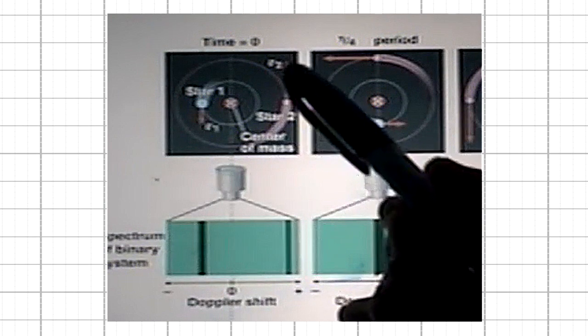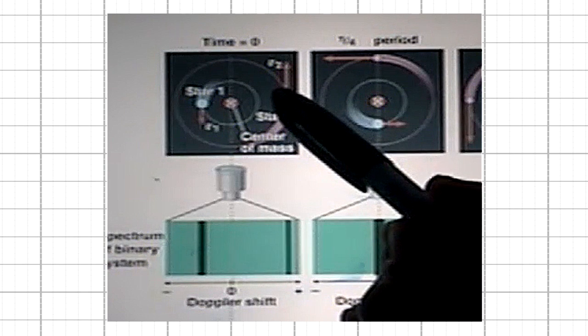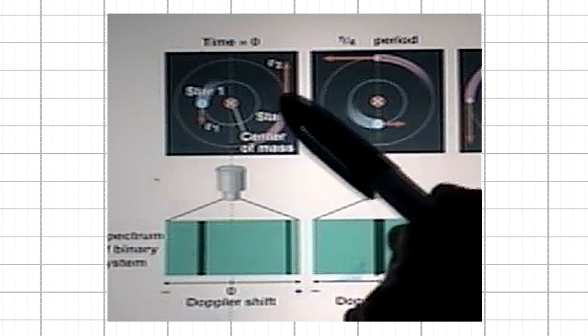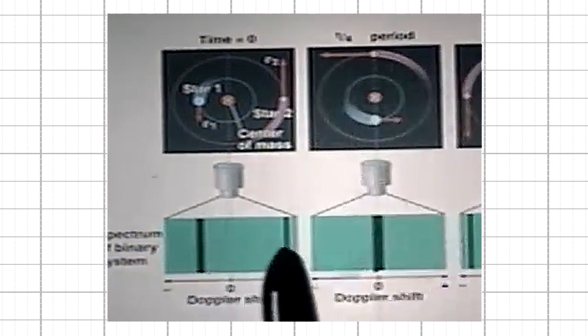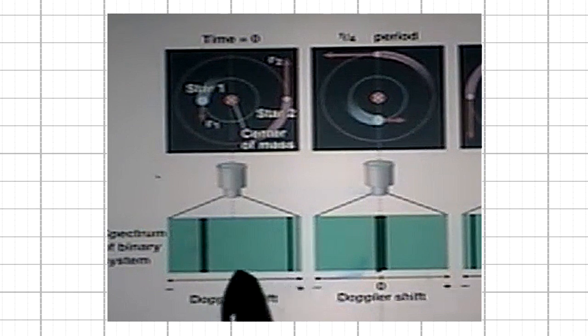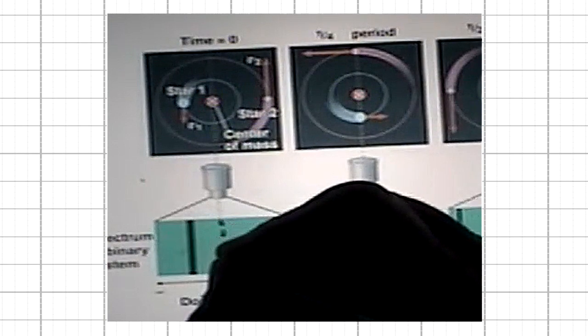And therefore, its spectrum is going to be redshifted. I would see longer wavelengths compared to what I would see if this star was not moving. So a particular spectral line is redshifted. Delta lambda is positive, right? 0 corresponds to no shift at all.